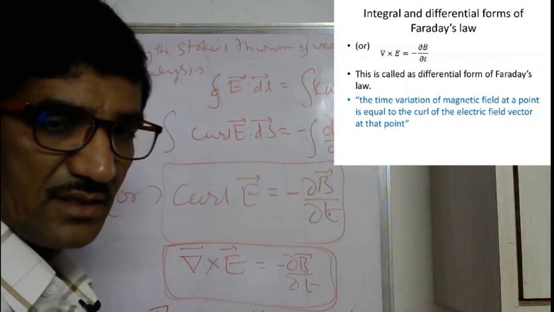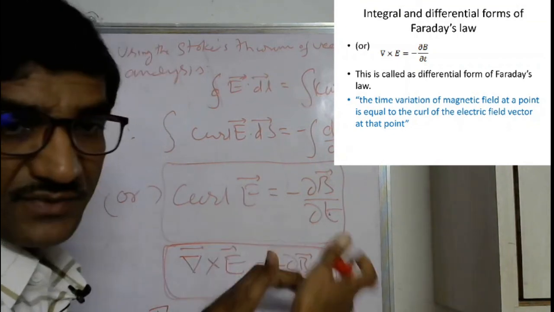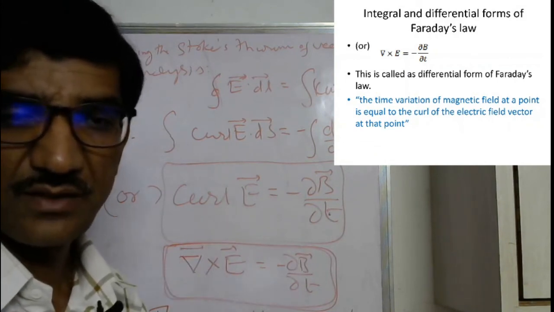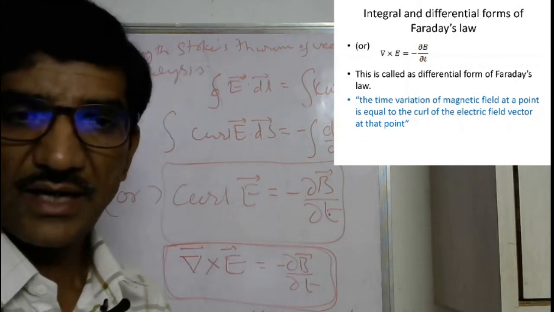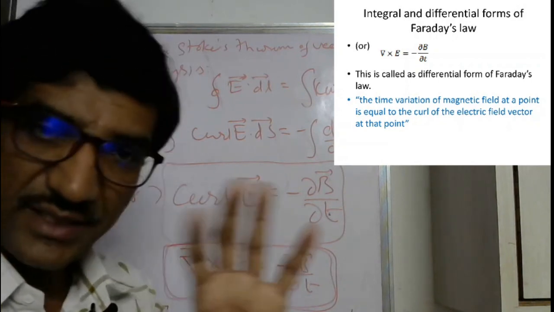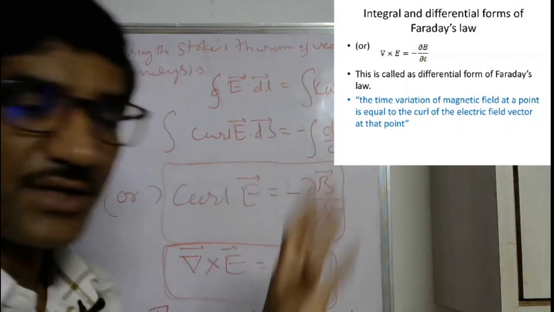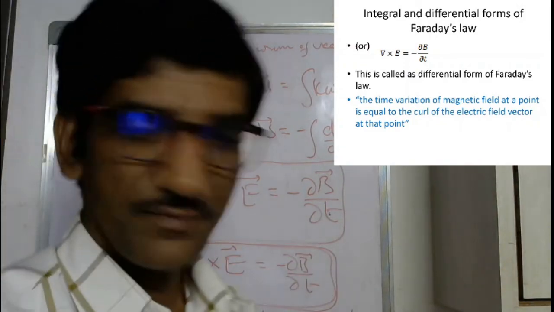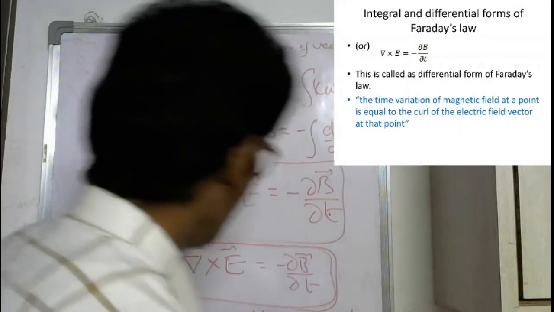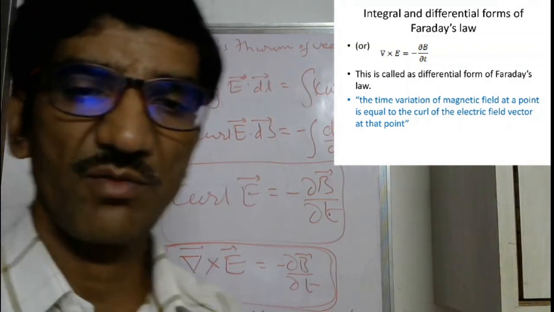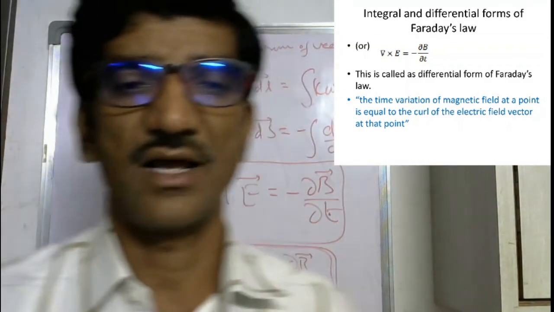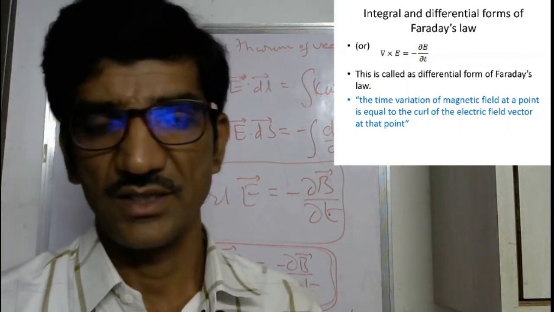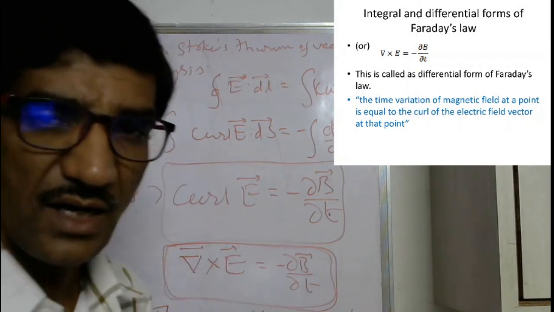That means the change in the magnetic field is creating the electric field, or creating some induced EMF, or creating some current. This is the differential form of Faraday's law. It is a very standard form and very important in theoretical physics.